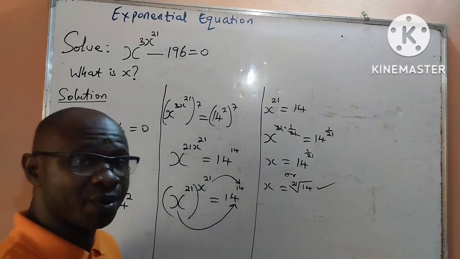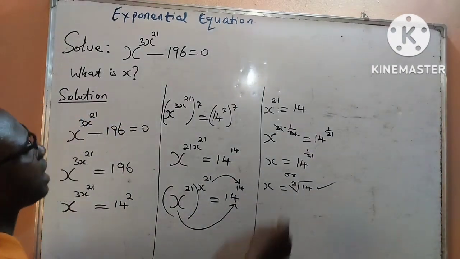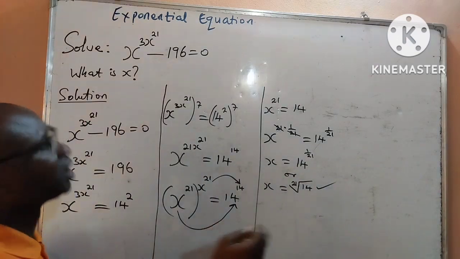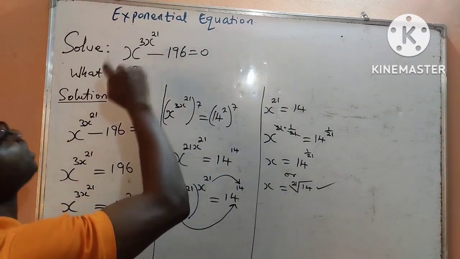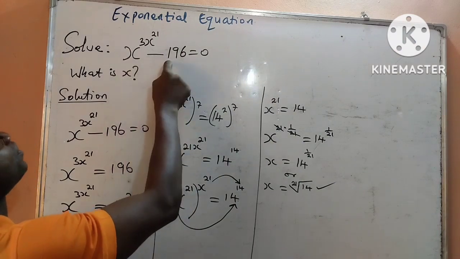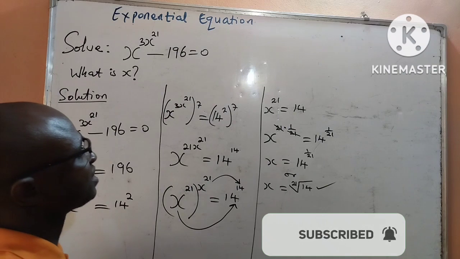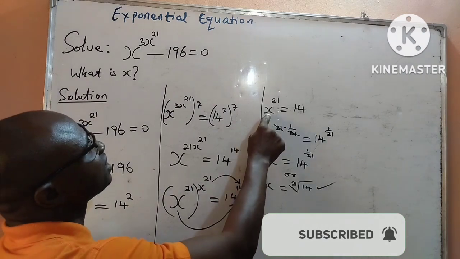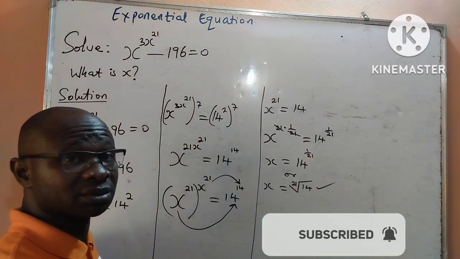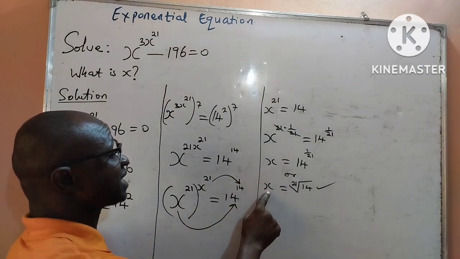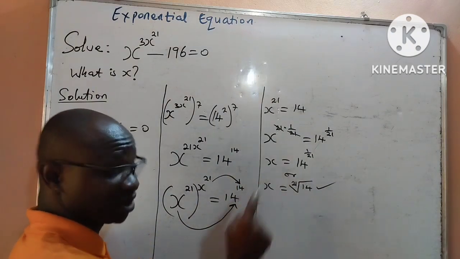Now let us see how we can authenticate our answer by substituting the real root of this equation into the original equation to see if after the substitution we get 0. I repeat myself. Since we got that x to the power 21 is equal to 14, we have been able to get the value of x as the 21st root of 14.